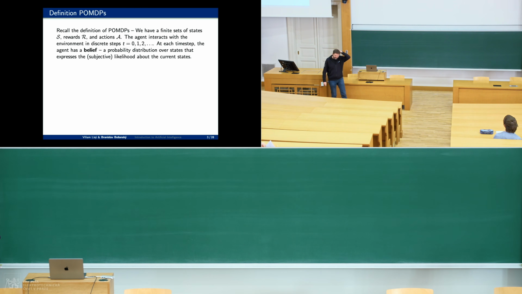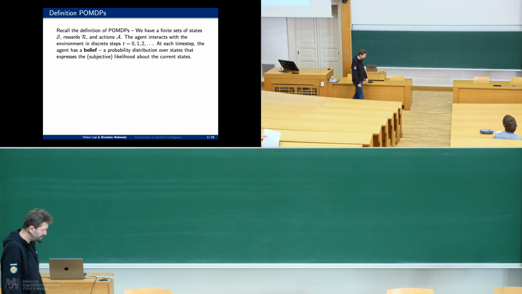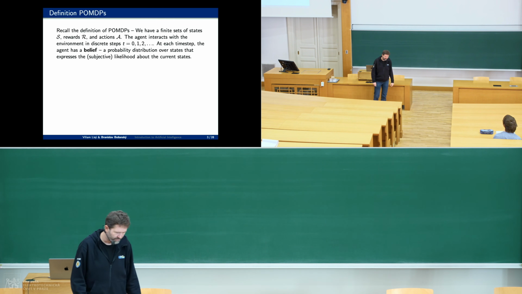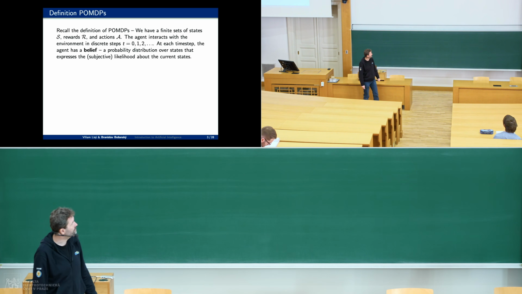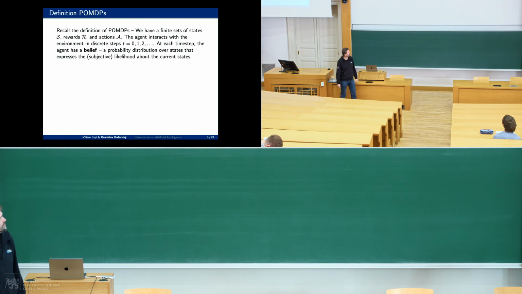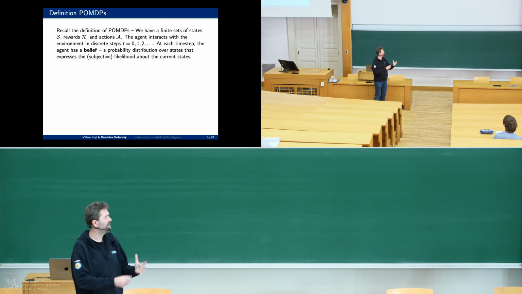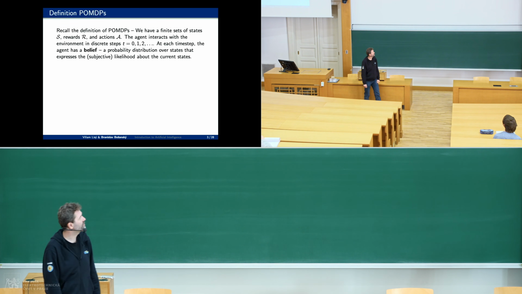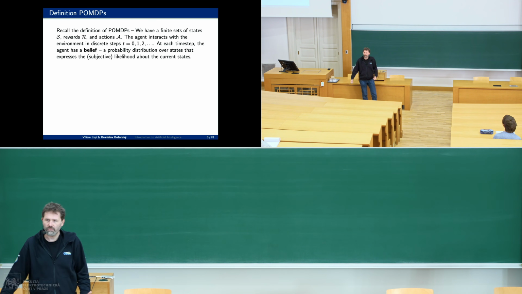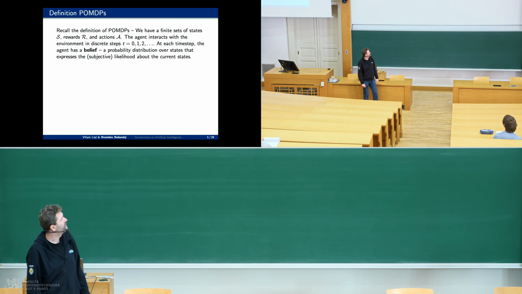So we already had the definition of a POMDP in our second lecture, but to remind you, we can define a POMDP using a set of states, again a set of rewards, and actions. Similarly to MDPs, we have discrete dynamics in the problem.